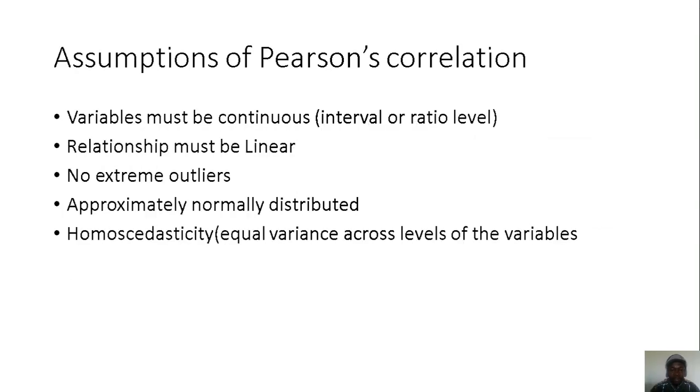So now let's see some assumptions. The variables must be continuous, so that means they should either be interval or ratio. When we say interval, that means there should be meaningful differences within the variables.